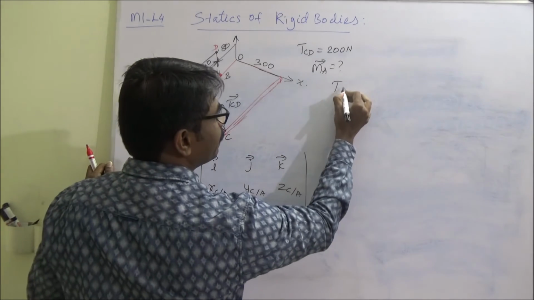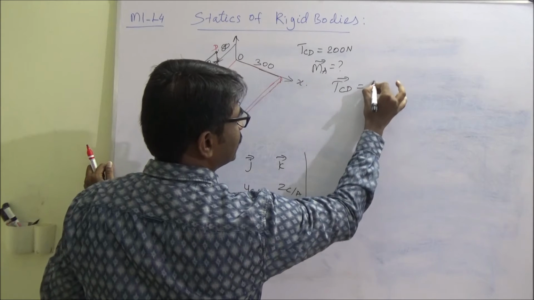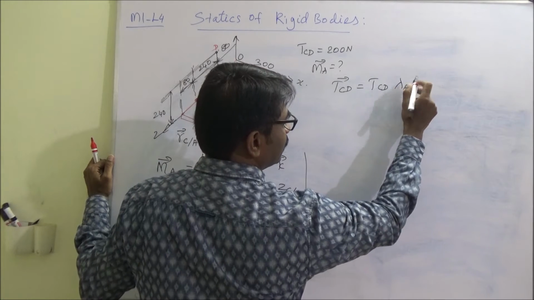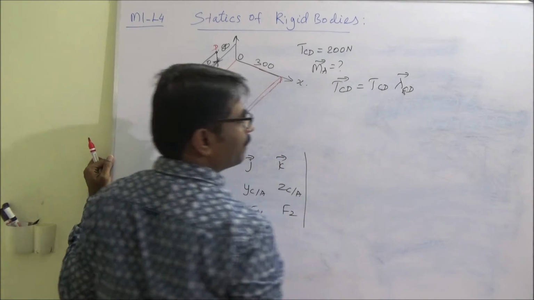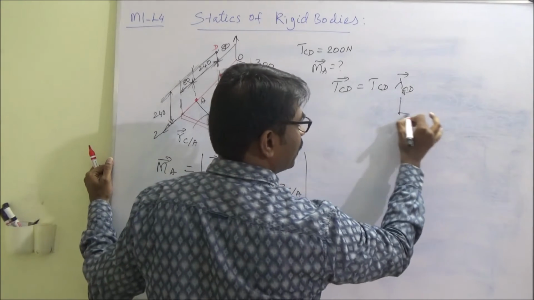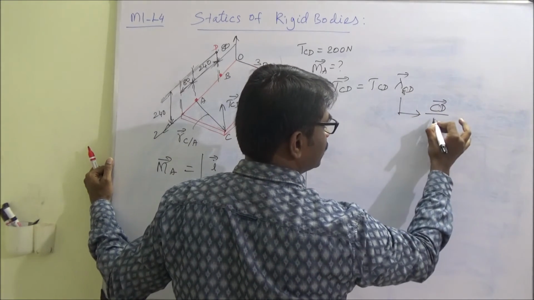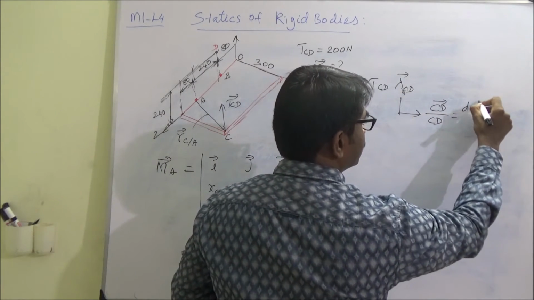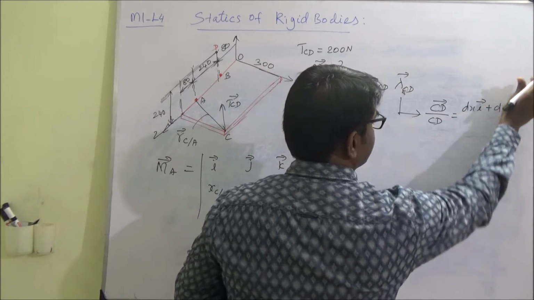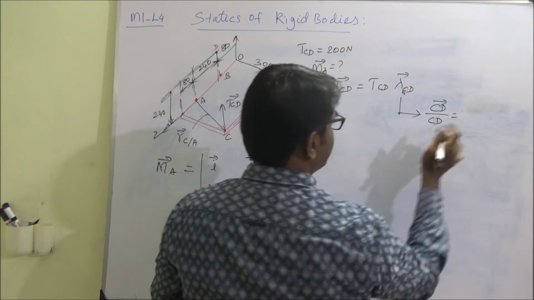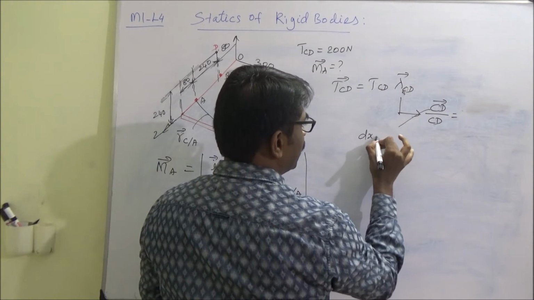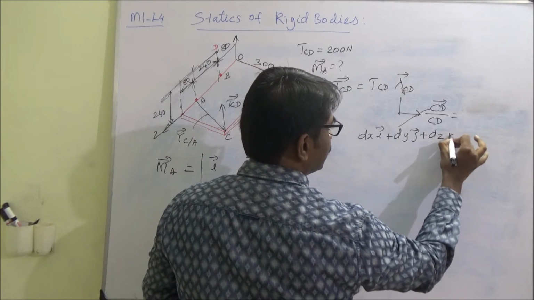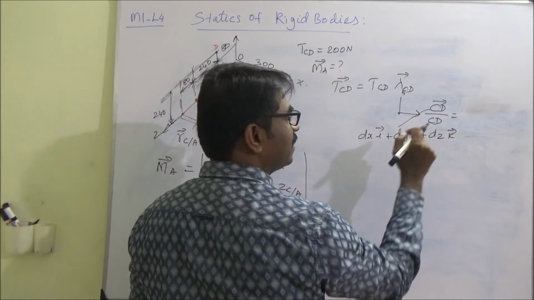TCD vector is TCD magnitude times the lambda vector. What is this lambda vector? Lambda vector is CD vector divided by CD. What is CD vector? It is dx i vector plus dy j vector plus dz k vector, the x distance, y distance and z distance.